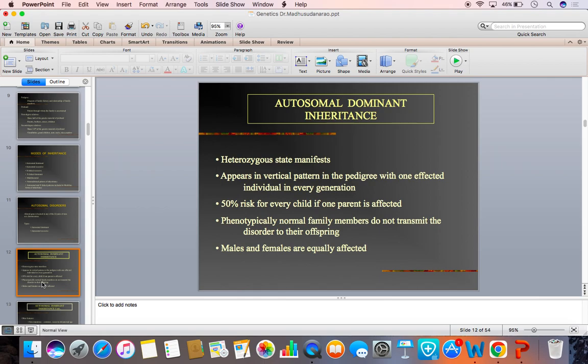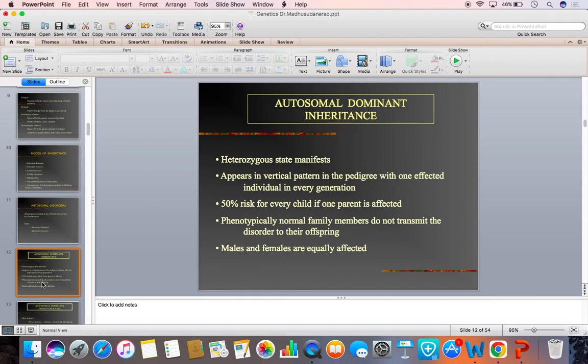That means the functions of the normal gene are not adequate to carry on the functions of the particular protein. It is dominated by the abnormal protein caused by the mutant gene, right?